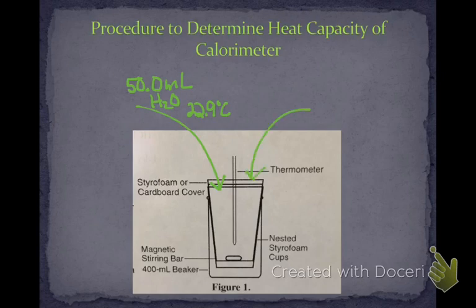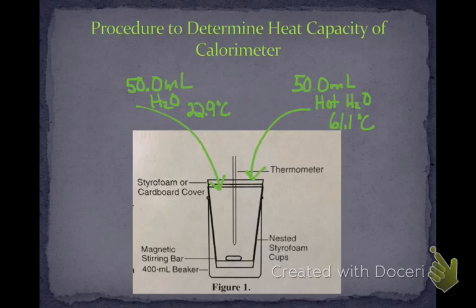Okay, so the next thing is taking that heated water, again adding 50 mL of that hot water, and this water's temperature was 61.1 degrees C when we added it into the calorimeter.